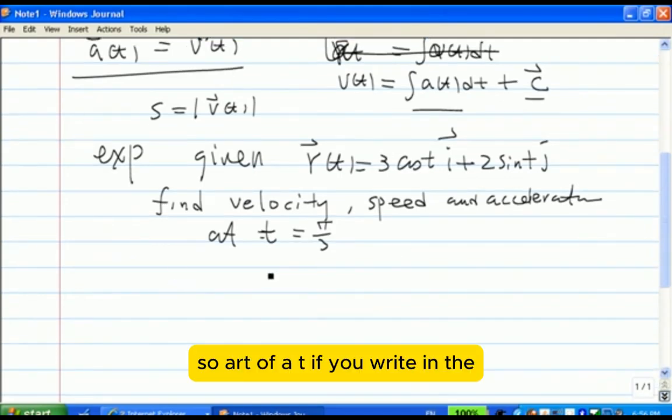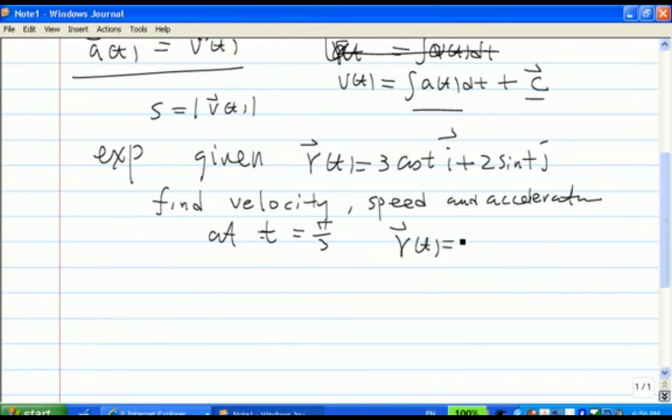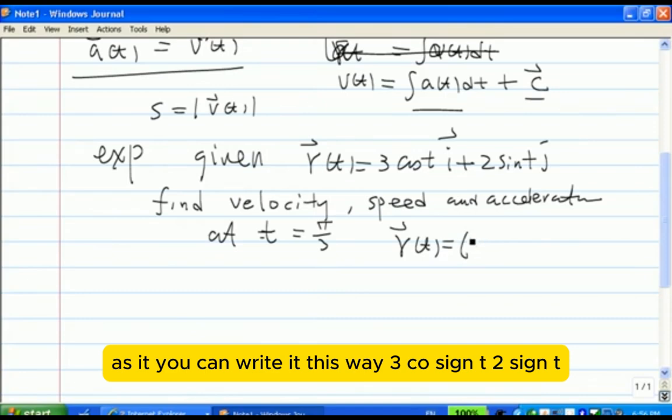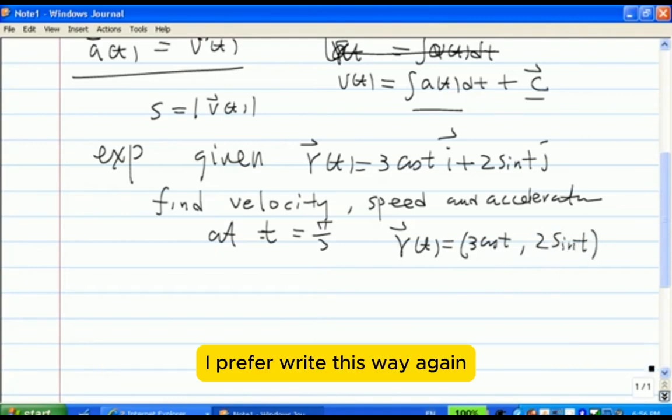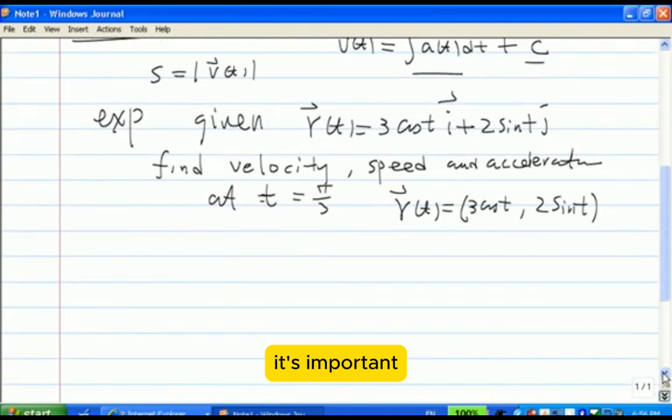So r of t, you can write it this way: 3 cosine t, 2 sine t. I prefer to write it this way. Again, it's simpler. First of all, let's find the velocity.